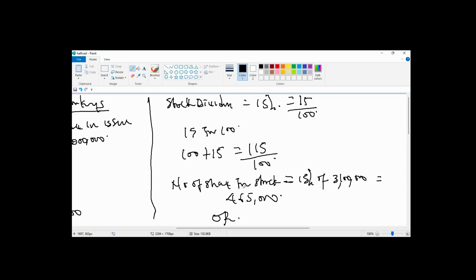So under it, you added 100 to 15. I didn't know how we got that.